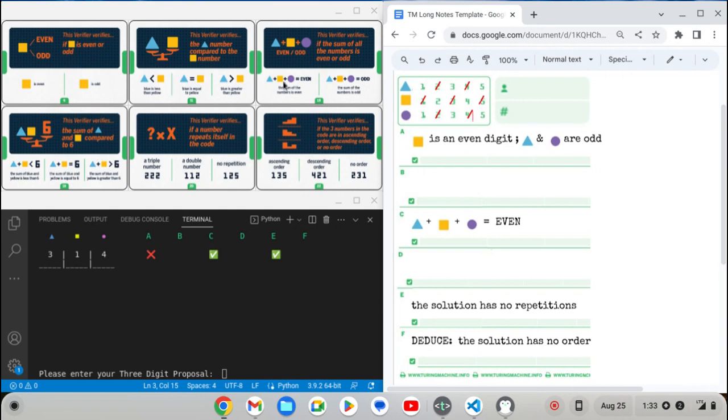So I think it might be safe to say that triangle can't be 1 because both 2 and 4 are greater than 1, and I don't think triangle can be 5 because, again, triangle in this case would be greater than both 2 and 4. So I'm pretty sure that triangle is going to be a 3. Now the question is, what's it going to be? Is it going to be 3, 2?